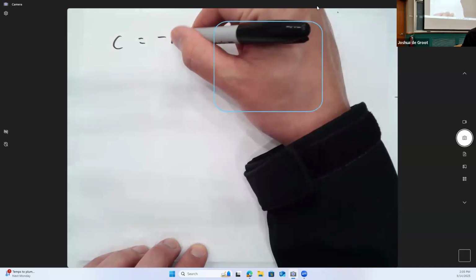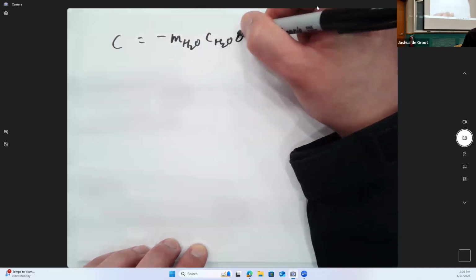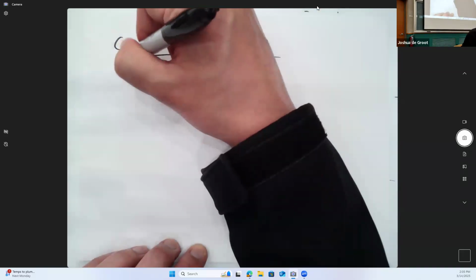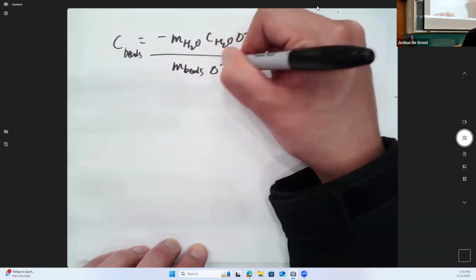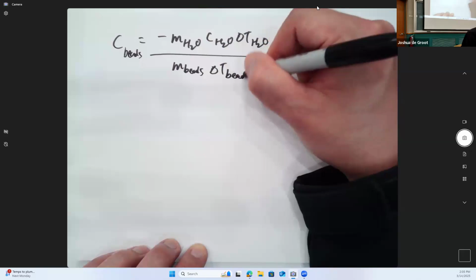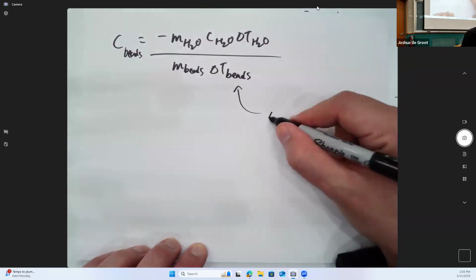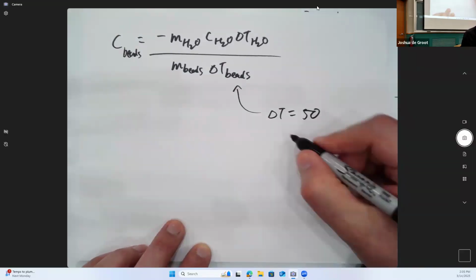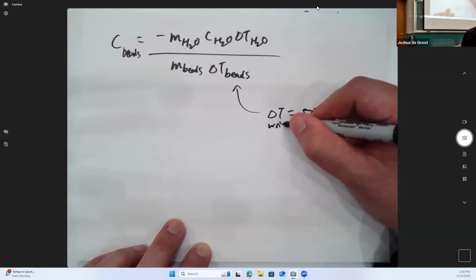So like negative m H2O, C H2O, delta T H2O. This is C of the beads, right? And then you have m beads, delta T beads. So you're gonna plug in a delta T here of, I don't know, 40 or 50-ish, as written.